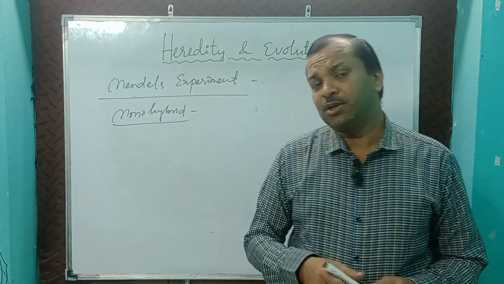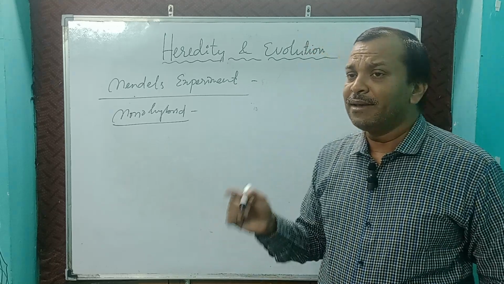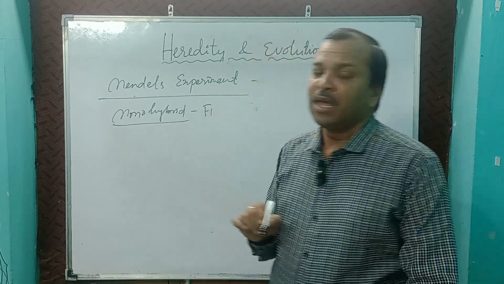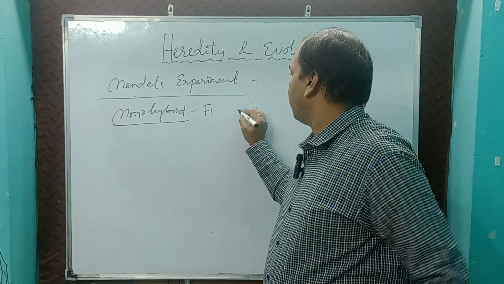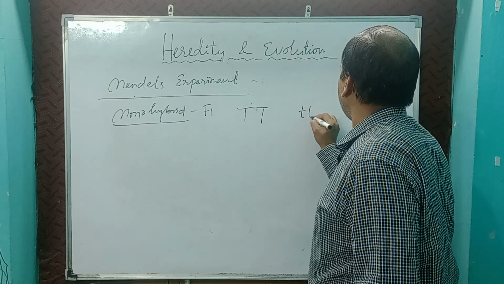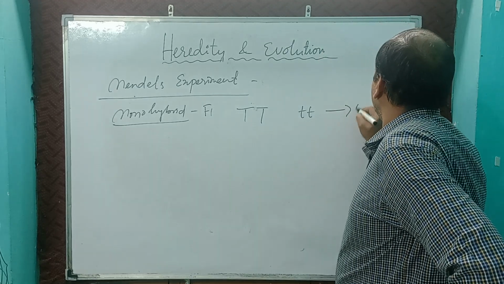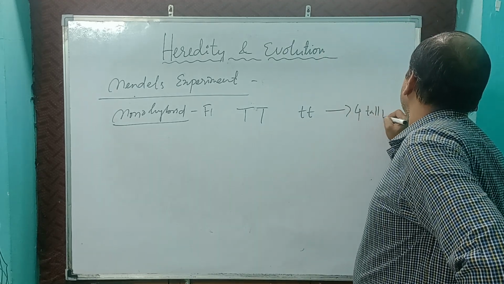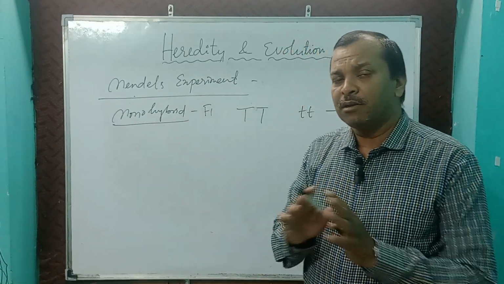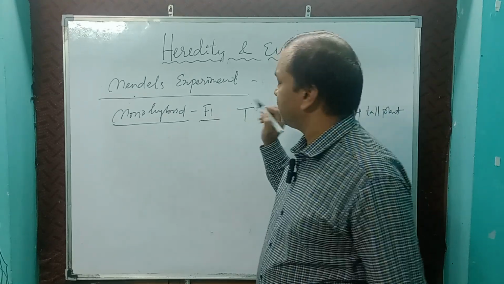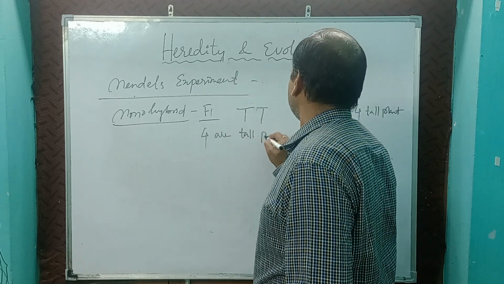He took pure tall plants and pure dwarf plants. That is called F1 progeny first. Is it clear? So when he took pure tall and pure dwarf, he got all tall plants, 4:0, meaning all 4 in the first generation, in F1 progeny, are tall plants.